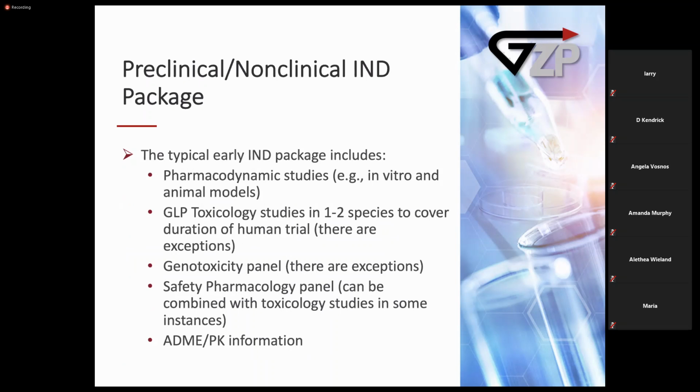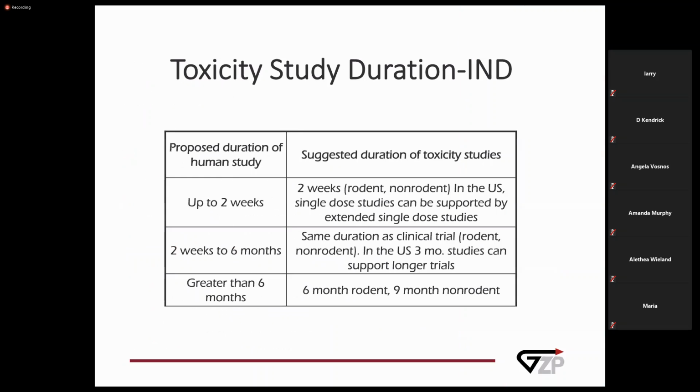This is much of what we've discussed, and it's just more detail on what the package typically includes in the IND. The toxicity study duration, again, has to do with the proposed duration of the human study and then the suggested duration of toxicity studies.